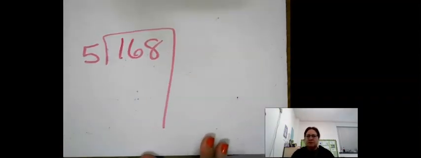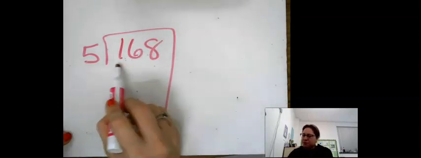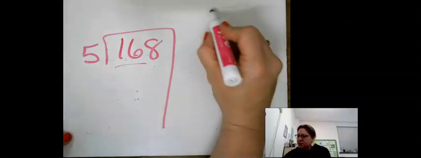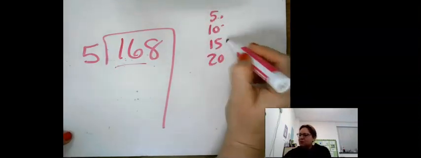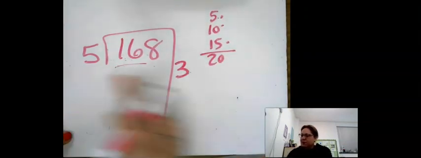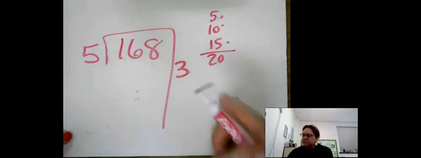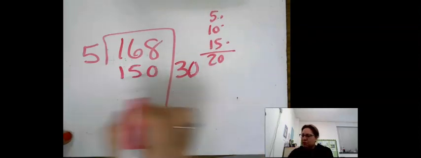Alright, so I'm going to use the big 7. I know that 5 doesn't fit in 1, but 5 will go into 16. 5 goes into 16. Let's see, 5, 10, 15, 20. It goes in 3 times without going over. So I know 5 times 3 is 15. And 5 times 30 is 150, and that is what we're dealing with here.